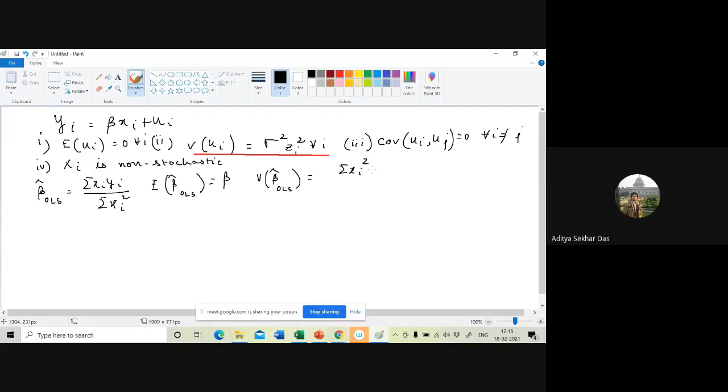So sigma square, I can keep outside the summation, divided by summation xi square whole square. So we can write variance of beta hat OLS in this format: sigma square into summation xi square zi square divided by summation xi square whole square.